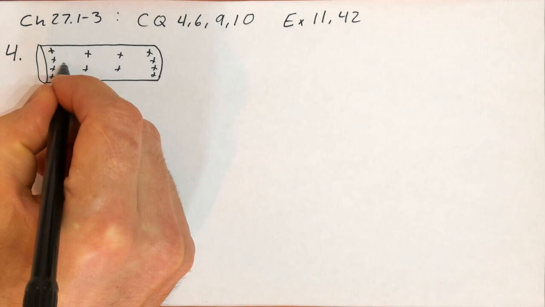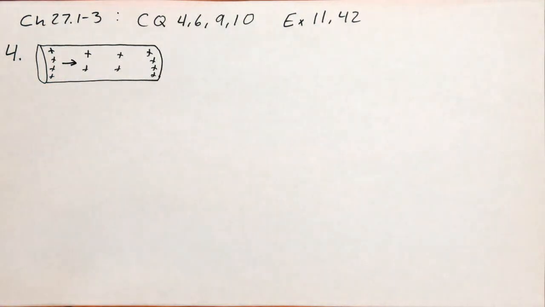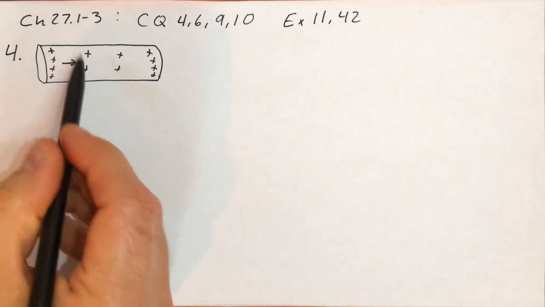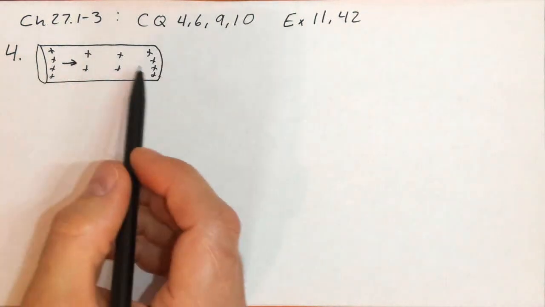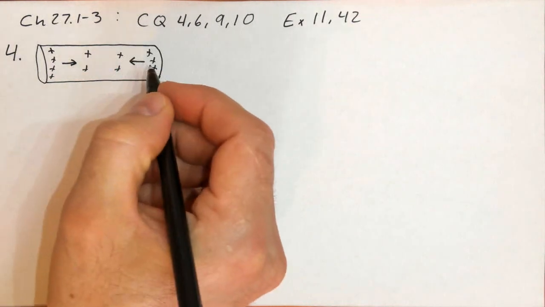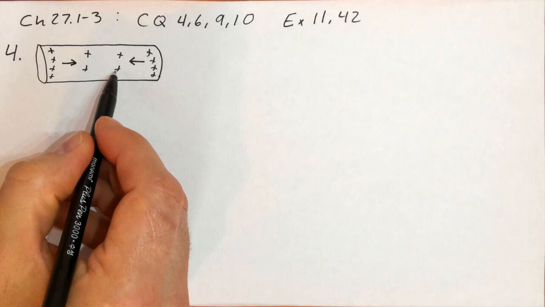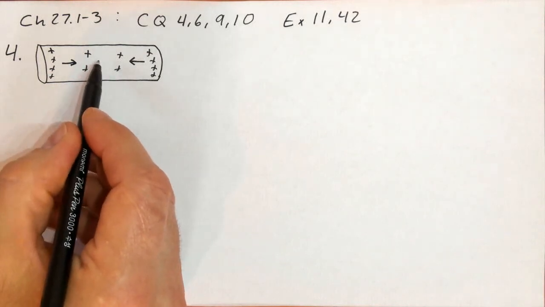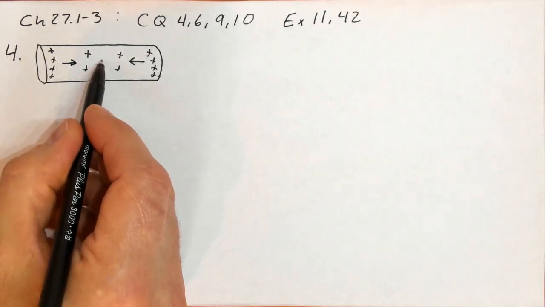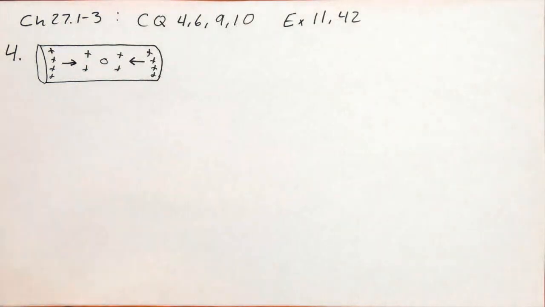So inside the wire, we would have a net electric field pointing that way in this region of the wire. And the same can be said over here, only in this direction. And if you look in the middle, there is equal charge here and equal charge here, which means they're going to cancel each other out. The field in the middle will have a vector this way and a vector this way of the same size, so we get 0 in the middle.